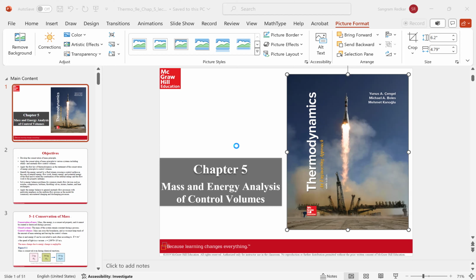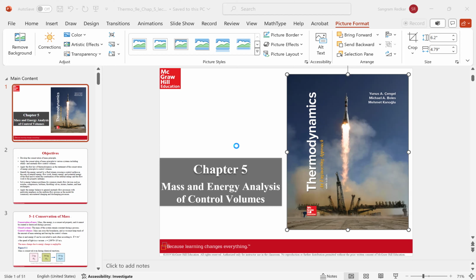At the end, you set up the energy balance equation, which means you look at all the energy interactions corresponding to the mass coming in and all the energy interactions corresponding to the mass going out.